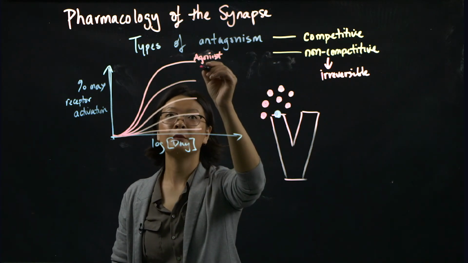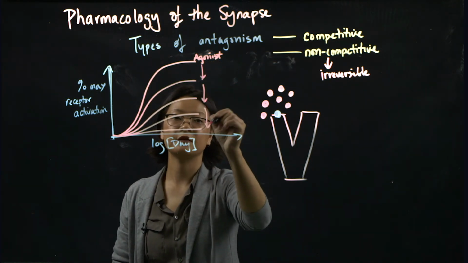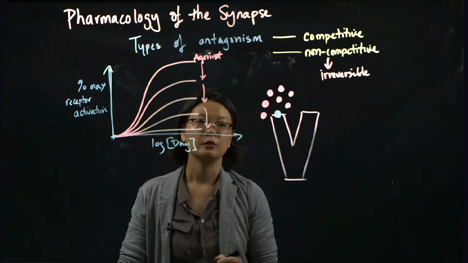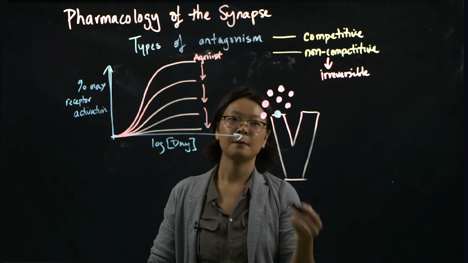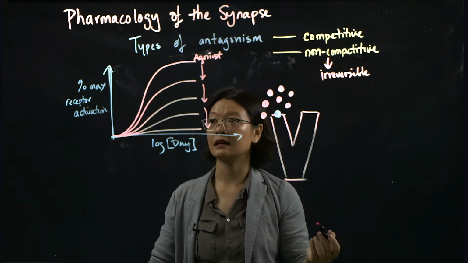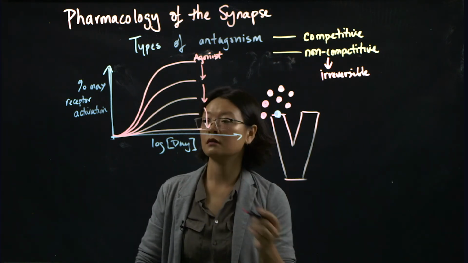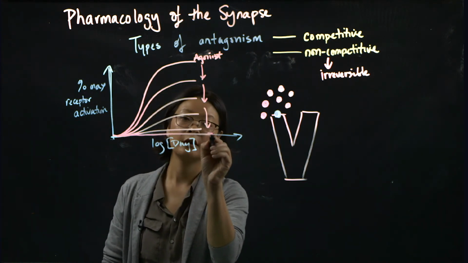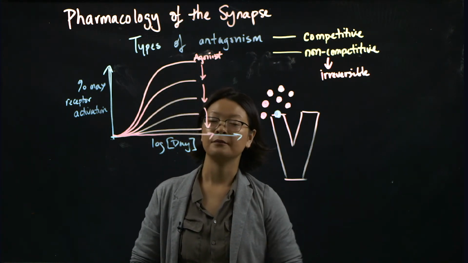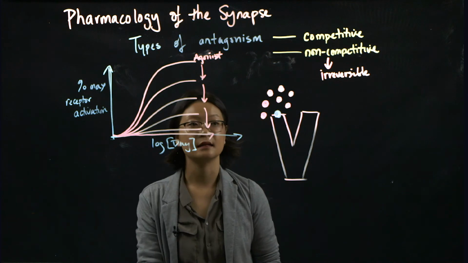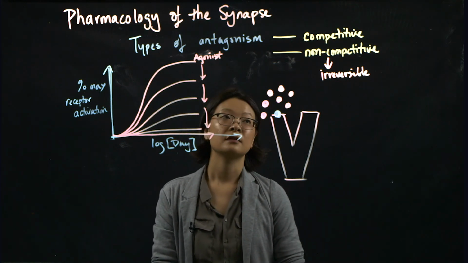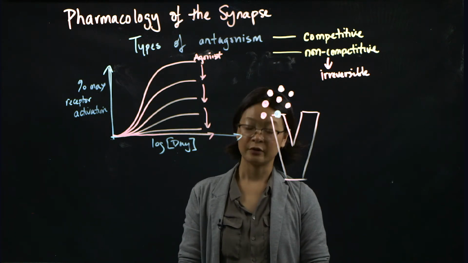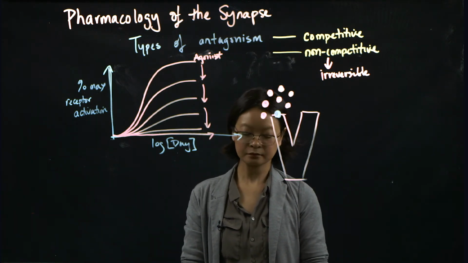So there's a drop in efficacy with increasing concentrations, because the more that you add, the more receptors are occupied, and the more the agonist can't do what it's going to do, and eventually it will have no effect if the antagonist is in high enough concentration to occupy a lot of the receptors. So that's the first type of non-competitive antagonist.